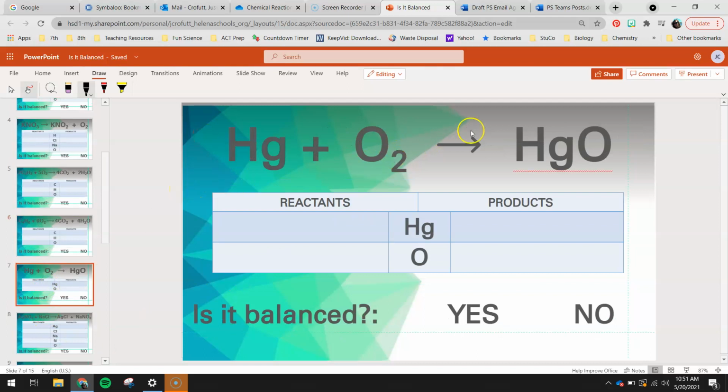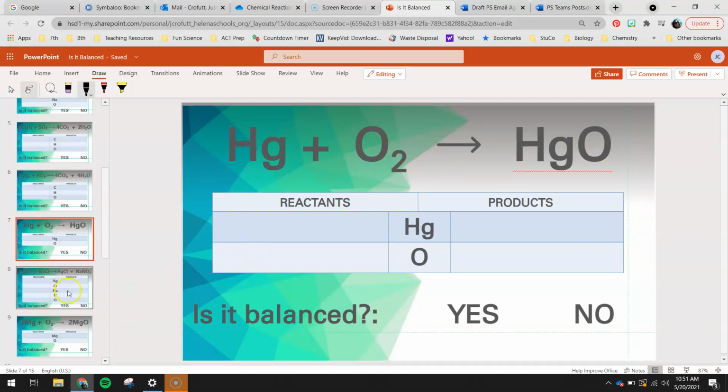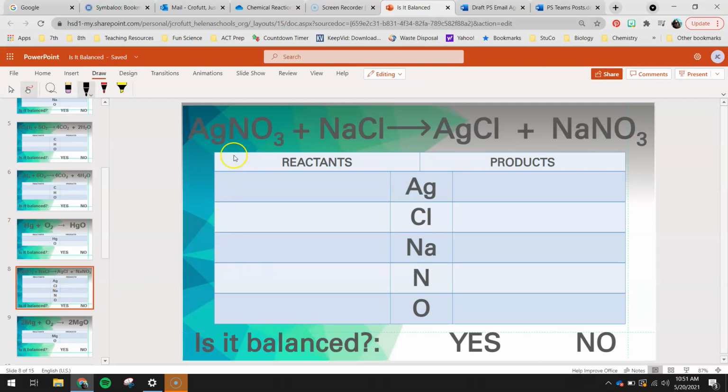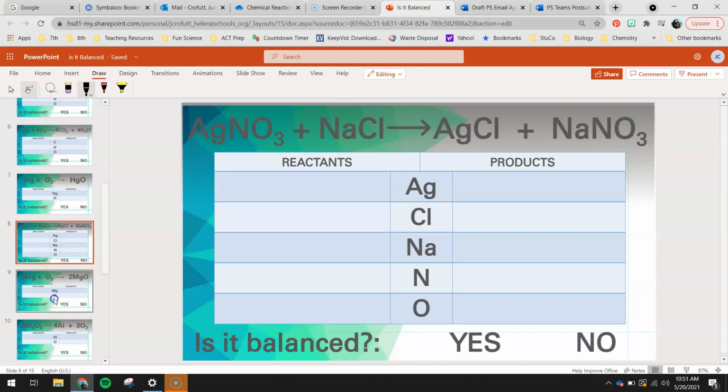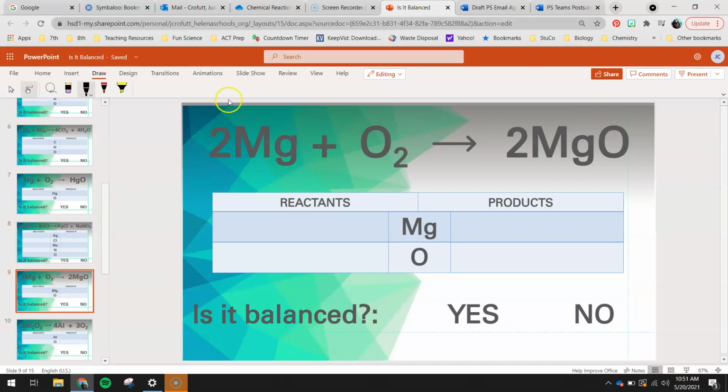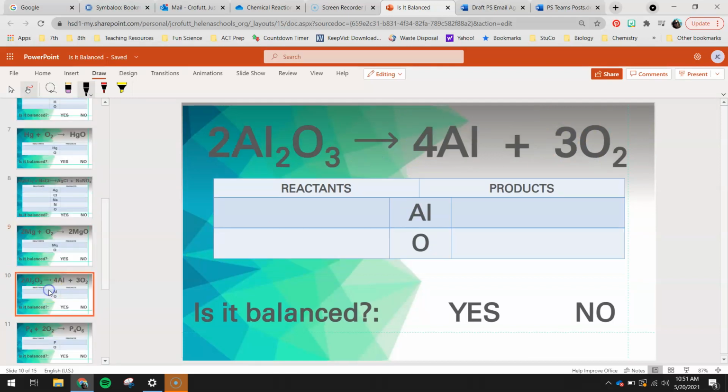Mercury and oxygen forming mercury oxide. Silver nitrate plus salt, or sodium chloride, however you want to say it, forms silver chloride and sodium nitrate. Magnesium metal plus oxygen gas come together to form magnesium oxide.